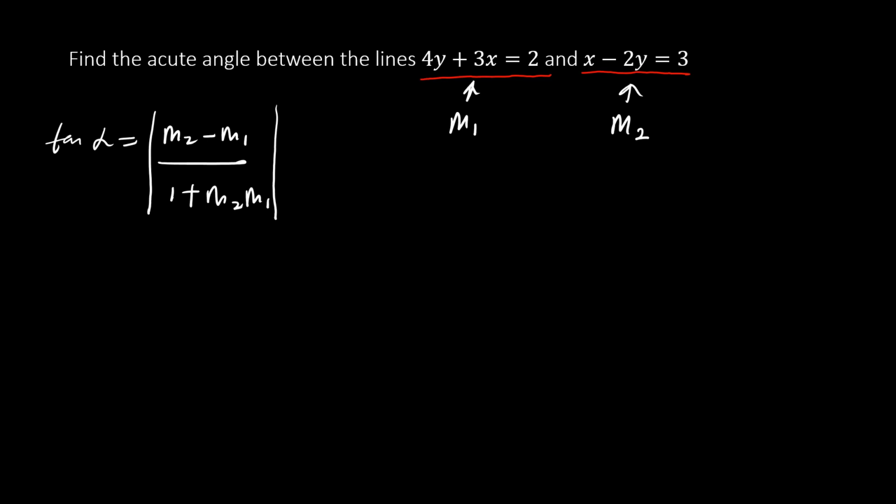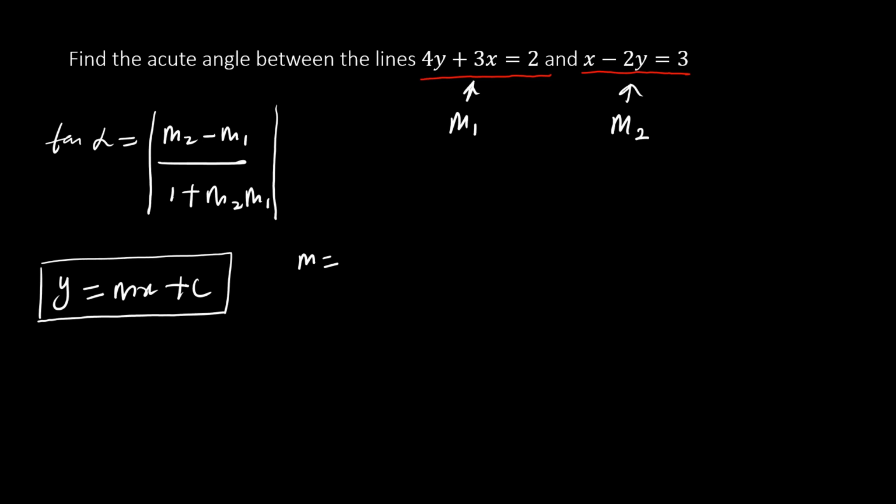To get this, we are going to be using the general equation of a straight line, which is y equal to mx plus c. This is the formula for representing the general equation of a straight line, where m is the gradient and c is the intercept on the y-axis.